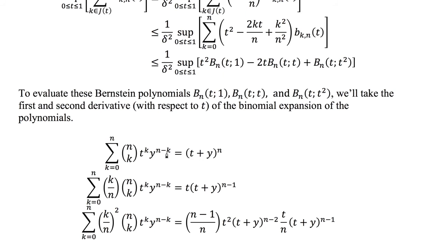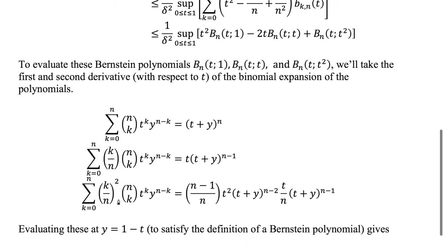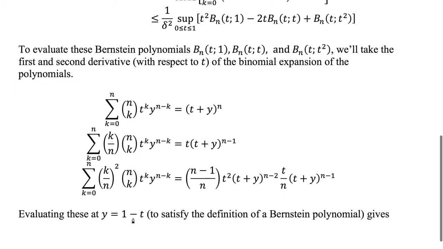So if we differentiate both sides and make some rearrangement, we will get the second line here. And if we differentiate it again, then we will get the third line here by some rearrangement. And the Bernstein polynomials above are recovered if we substitute y equal to 1 over t.